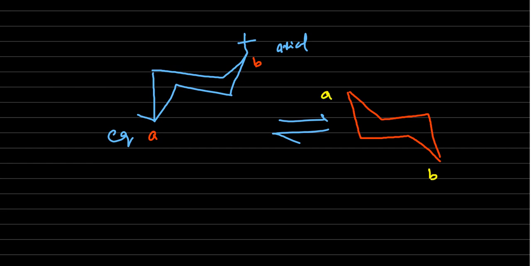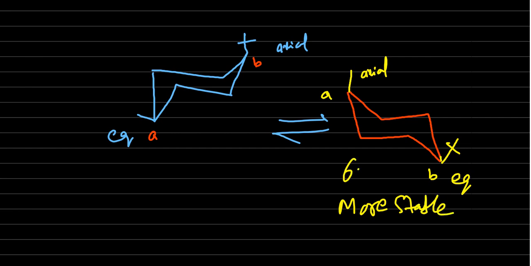The tertiary butyl is still upside. Here the A position is upside. Now it became equatorial, and this is the more stable one. Suppose it is 60 or 70 percent for one and 40 percent for the other. Like this it is flipping.